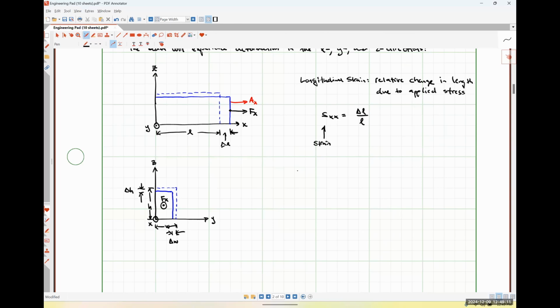And so what we have here is a transverse strain, which represents a relative change in the lateral dimensions of a body due to an applied stress.